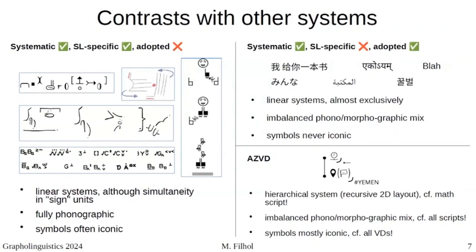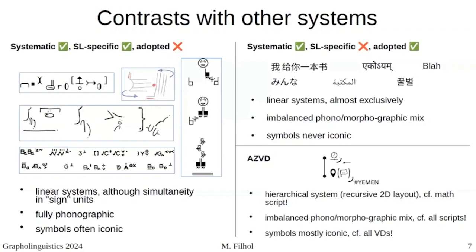Some for a while, some for a long while, some are quite unknown otherwise. These are systematic. I mean, the claim is that every same thing will be represented in the same way. They are sign language specific, but not adopted. They're all linear systems, so I can see that.